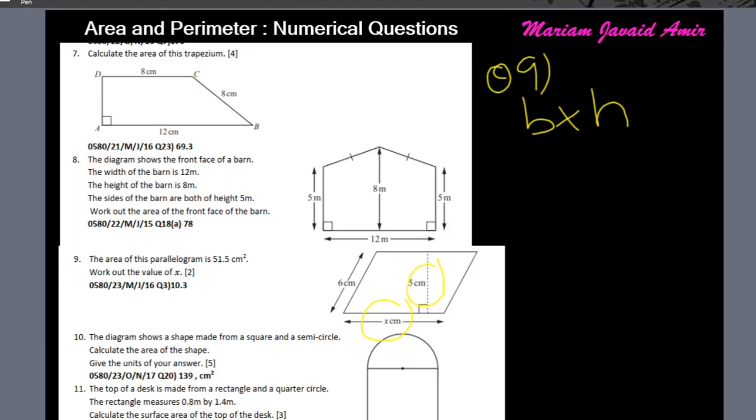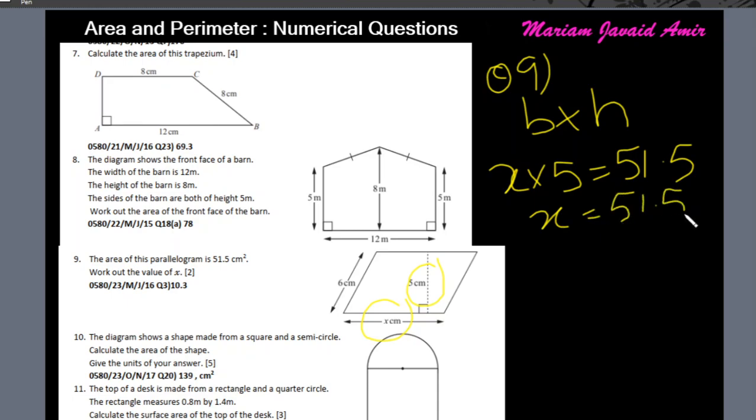So we'll simply write base is x, height is the vertical height, not the slant height, so times 5 equals 51.5. Now I'll divide 51.5 by 5. 51.5 divided by 5 gives us 10.3. So x equals 10.3.